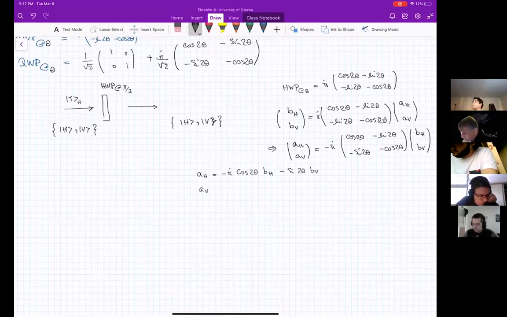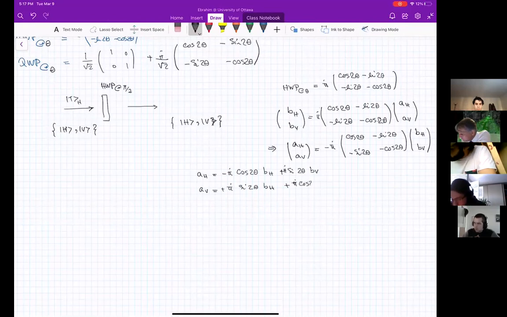And AV is equal to plus i cosine of 2 theta BH plus i sine of 2 theta BV. There's an i as well here, cosine of 2 theta BV.